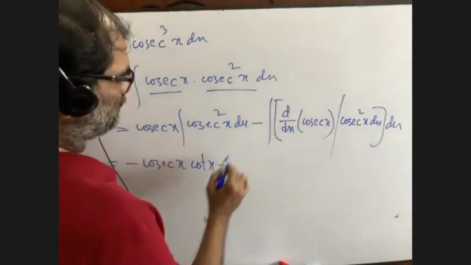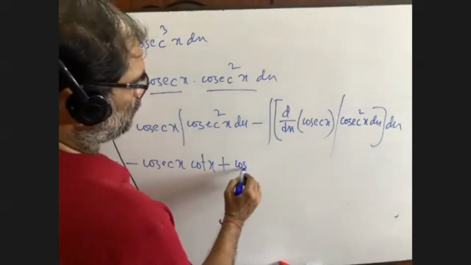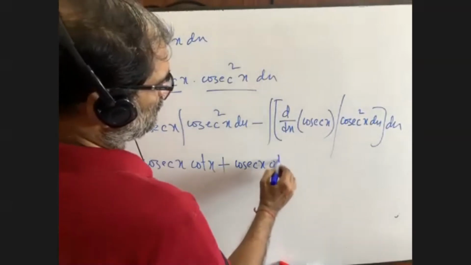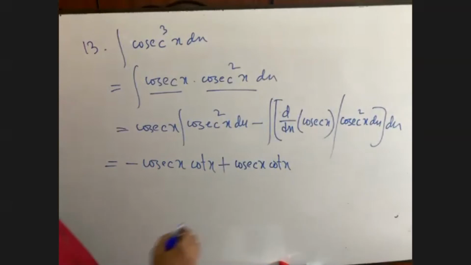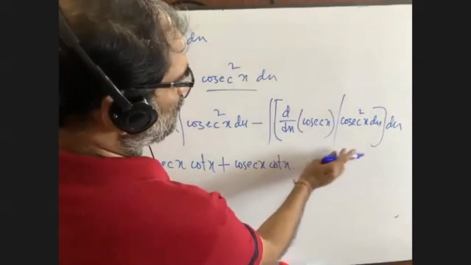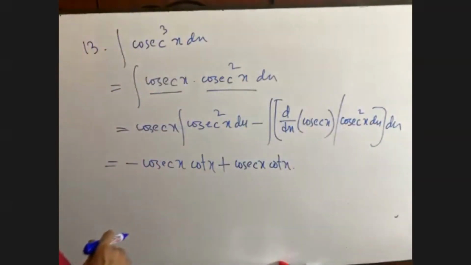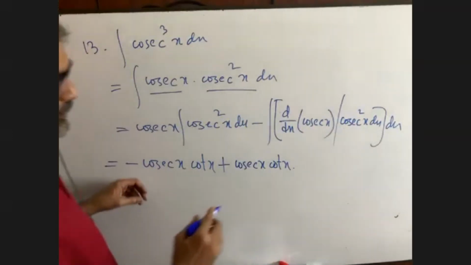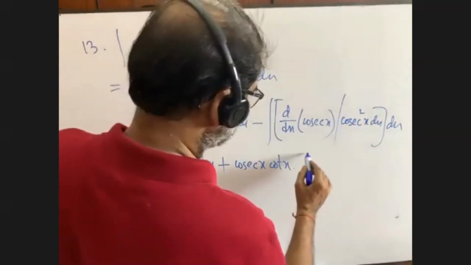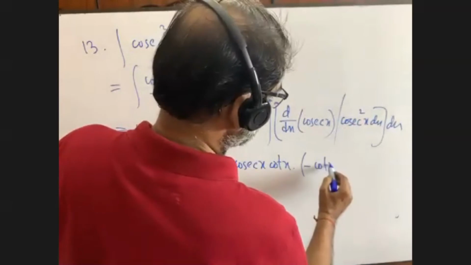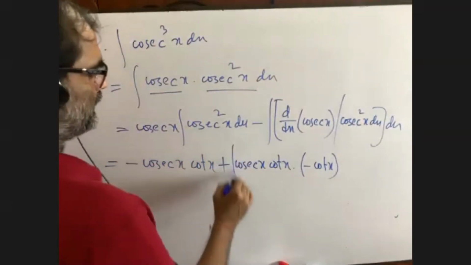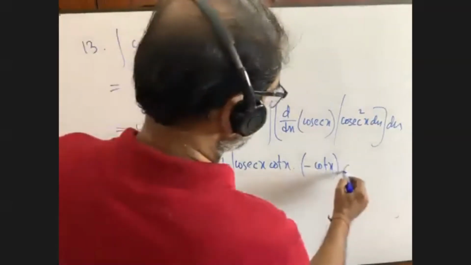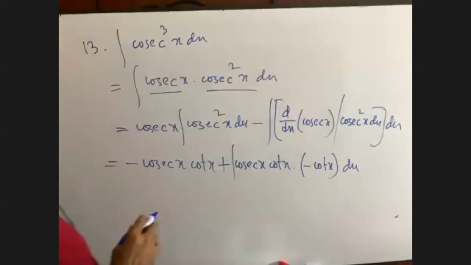That minus minus will be plus cosec x cot x. Now you see, cosec square equals what? Minus cot x. Okay, that's good. Write down minus cot x. So we are getting top to bottom the bracket dx. Is it?